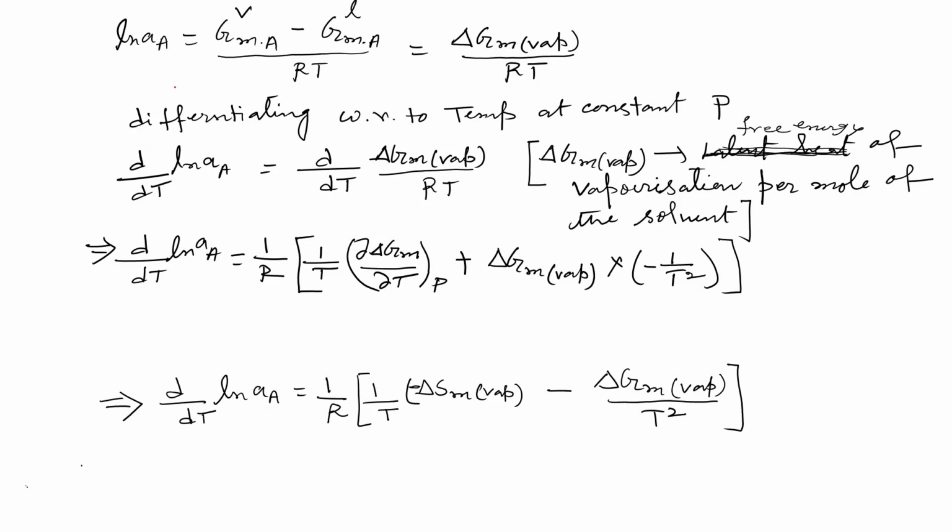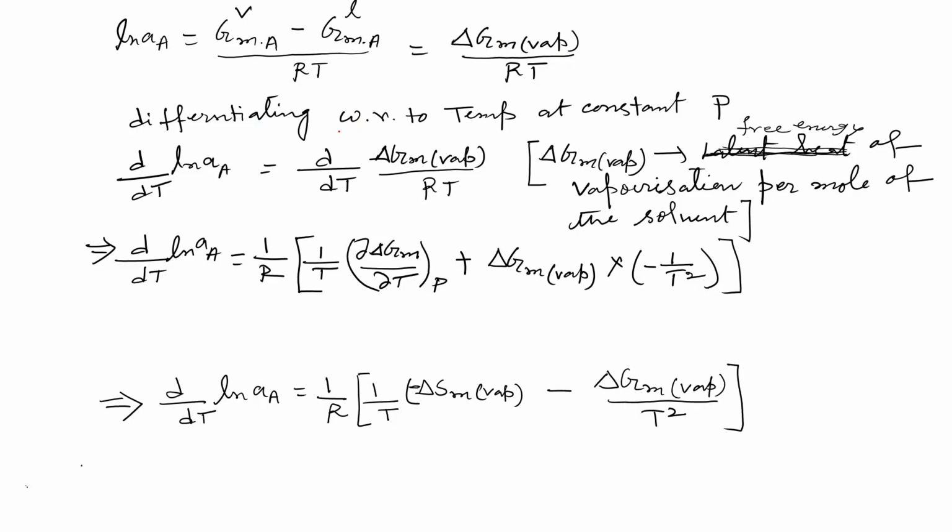So ln activity of A, as in the earlier equation where RT was there, is divided by RT. The molar Gibbs free energy in the vapor state minus the liquid state is nothing but the Gibbs free energy of vaporization, that is the Gibbs free energy change during vaporization. So ln activity of A equals delta Gm vaporization divided by RT.